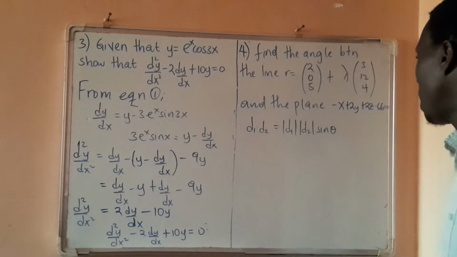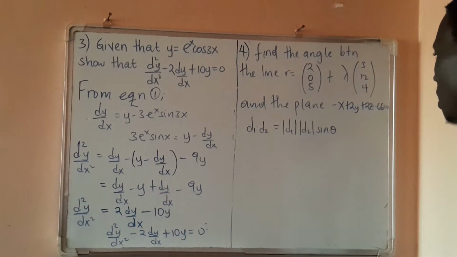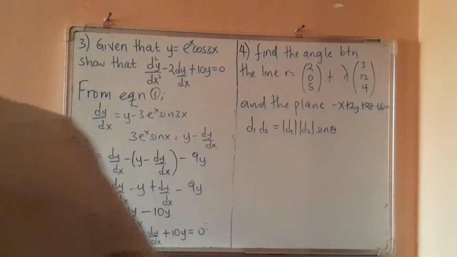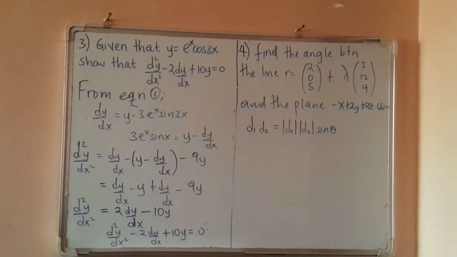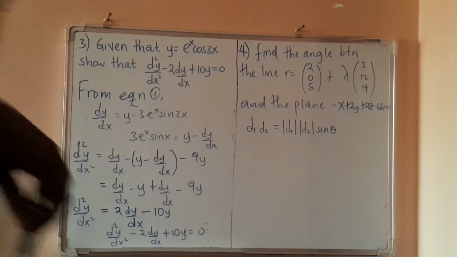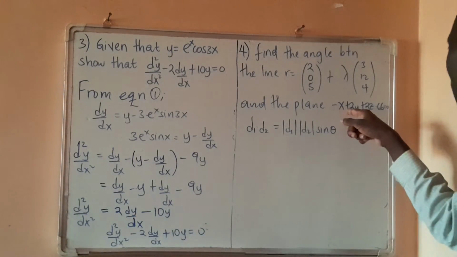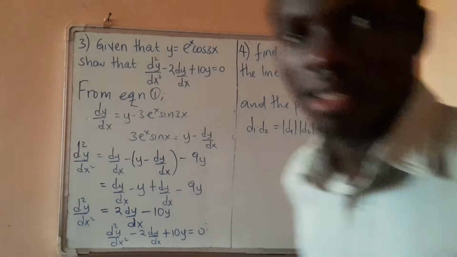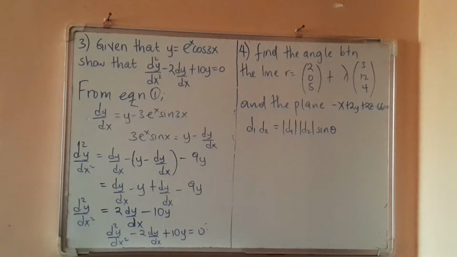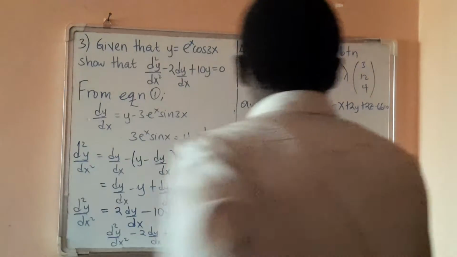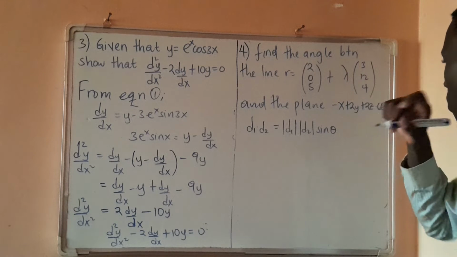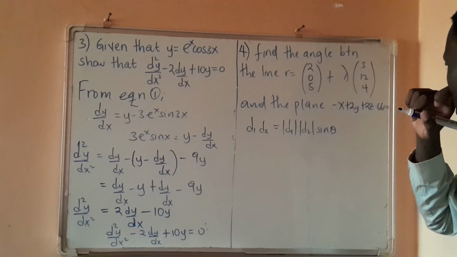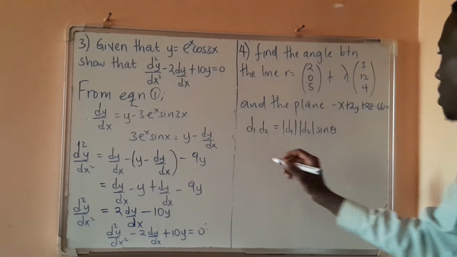And D2, that is the vector which is obtained from the equation of the plane, directional vector of the plane. These coefficients of x, y, and z. So actually, you needed to identify what D1 represented and what D2 represented.